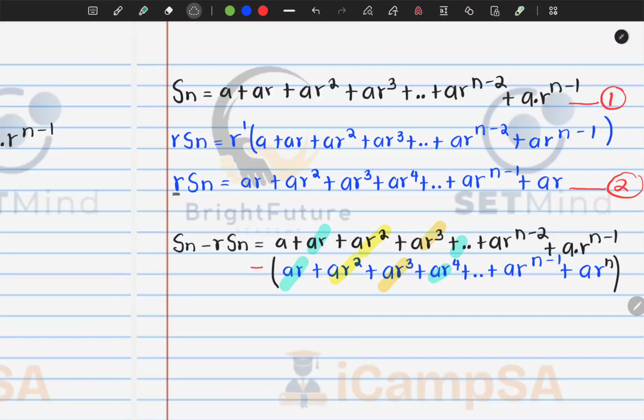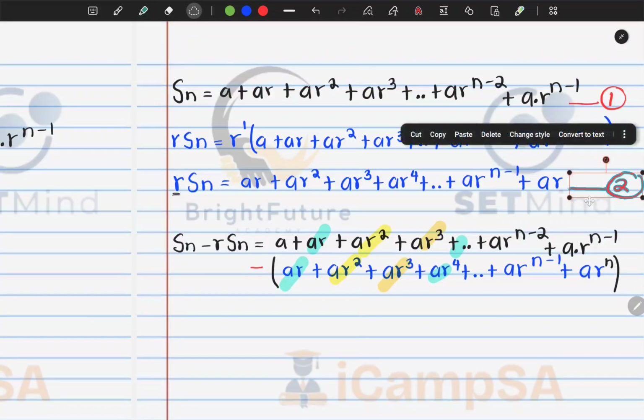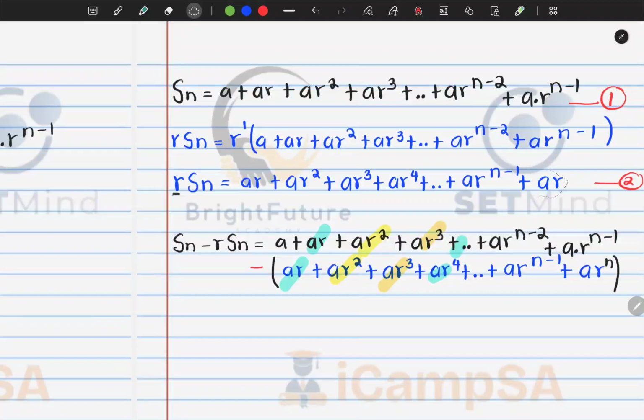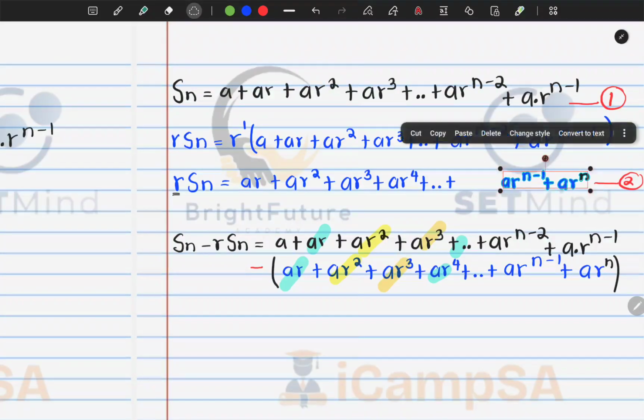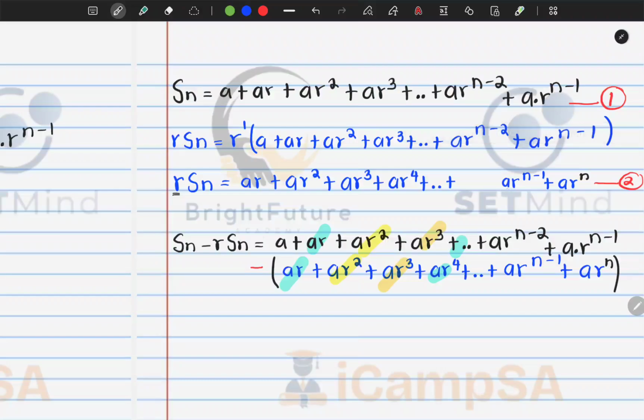There's one thing that I want to do, which is to write the terms. This is supposed to be the power of n, but if you think carefully, the term before the one at A, before this one, will be AR^(n-2).